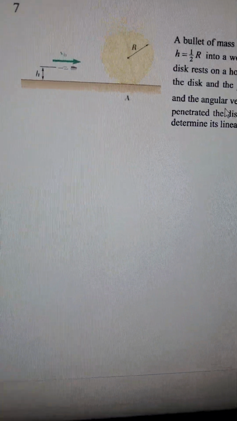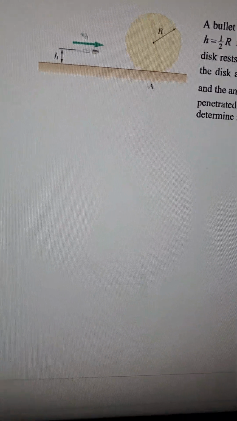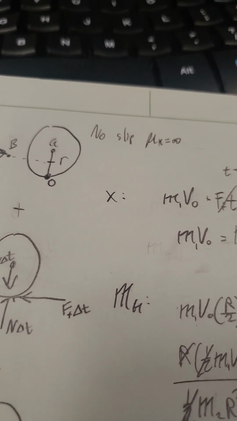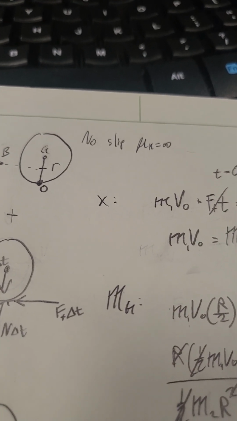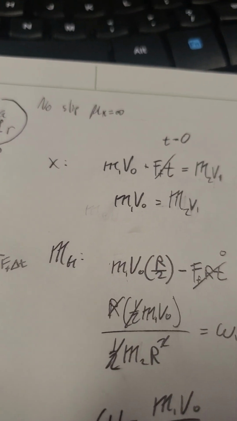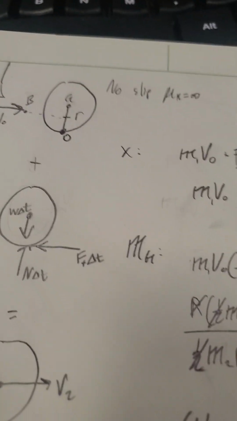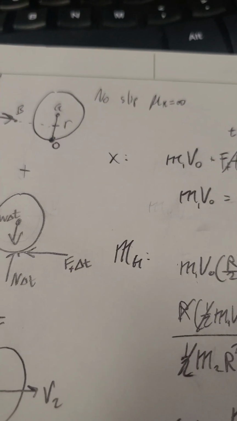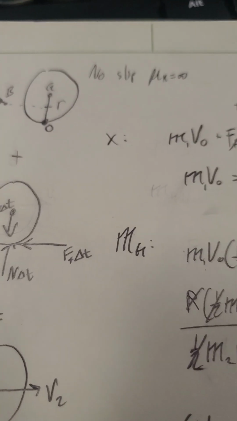Okay, so this one, number 8 or 7, sorry, this one's the bullet hitting the disc and it starts rotating. So the key for this one is the impact of the bullet is so fast that the time is essentially 0.